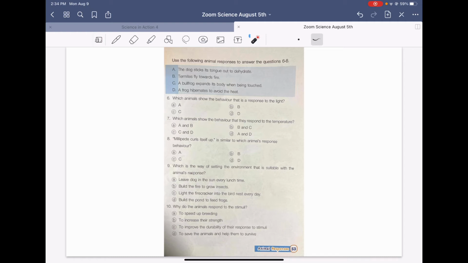Right? So, dehydrate means to lose water. So, the dog sticks its tongue out to dehydrate, to lose water. Termites fly towards fire.